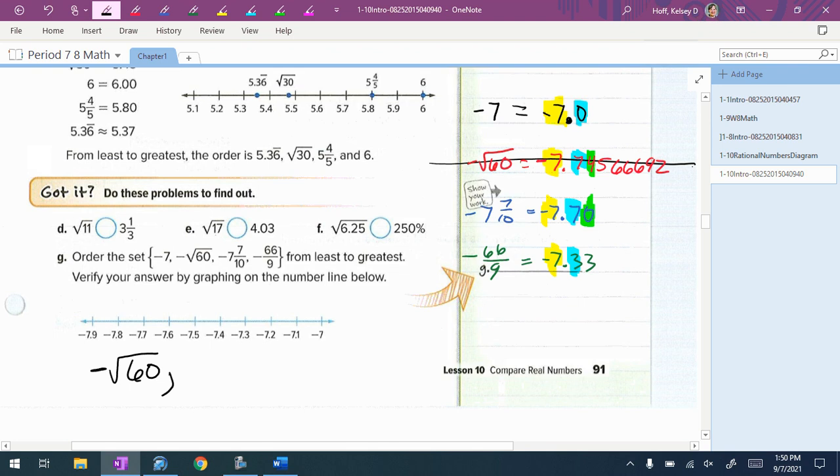Then would come -7 7/10. Then would be negative 66/9, and the largest number in the whole thing, negative 7.